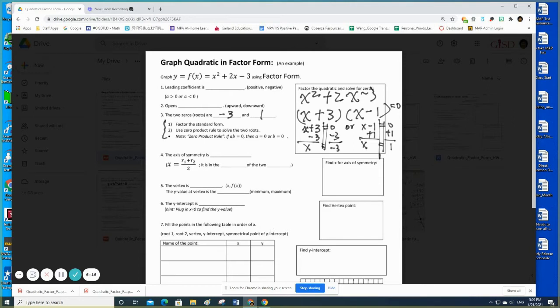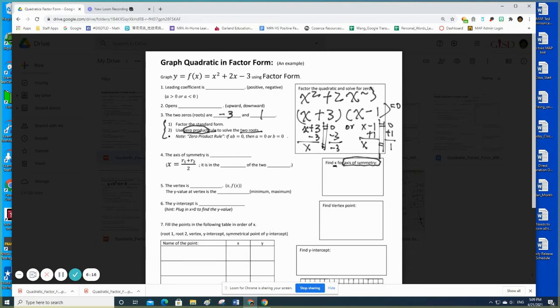So these are the steps. Factor the standard form. Then we use the zero product rule to solve for the two roots. Once we have the two roots, we have to find the x position for the axis of symmetry.